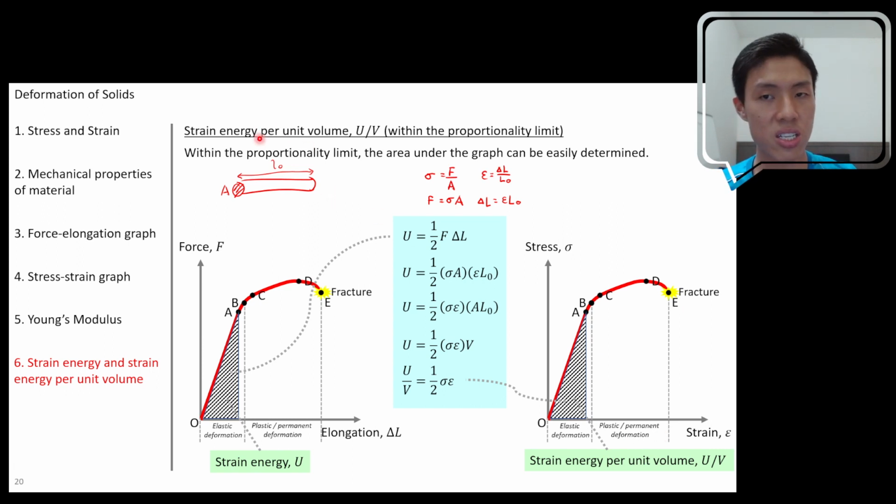For strain energy, the equation is half force multiplied by the elongation, whereas for strain energy per unit volume, it's half stress multiplied by strain. Okay, so there are two different quantities that we usually calculate to determine the energy for this kind of tensile test or compressive test, and please be clear which is for which. Okay, so that's it for this video.